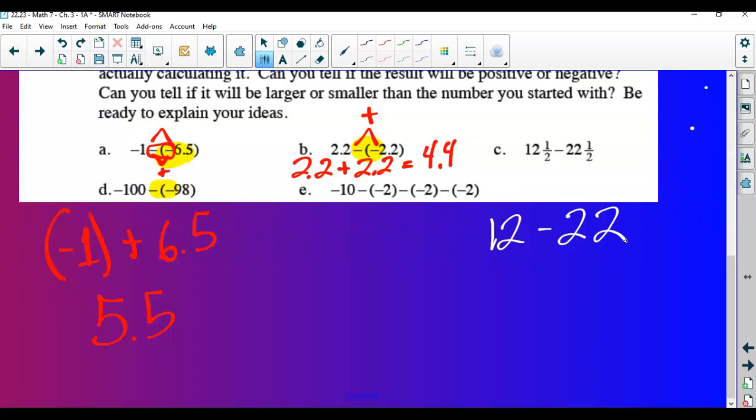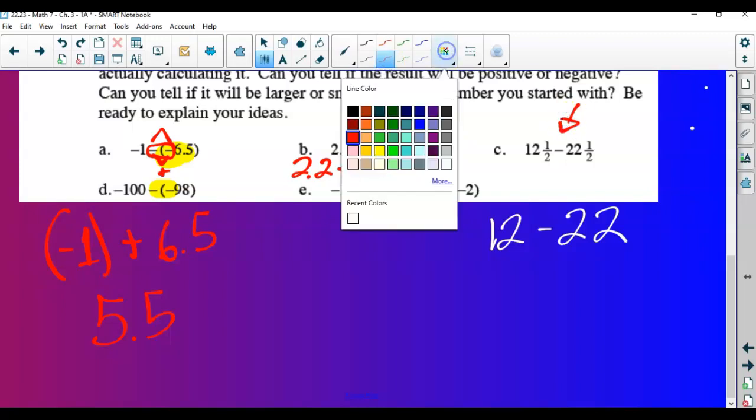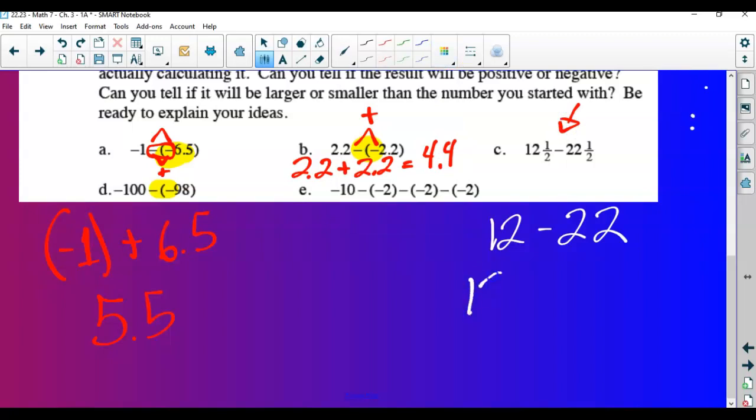Careful. So instead of subtract, is there a way to write this not as subtraction? Every subtraction, my advice is put it there on your paper, but a lot of you ignore my advice, and that's okay. 12 plus a negative 22. Instead of minus, we can write it plus the negative.